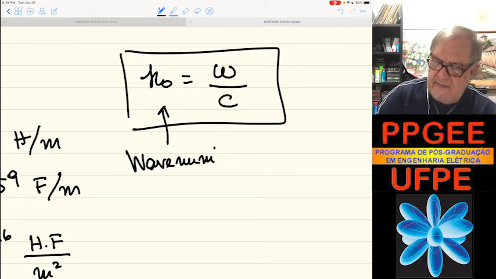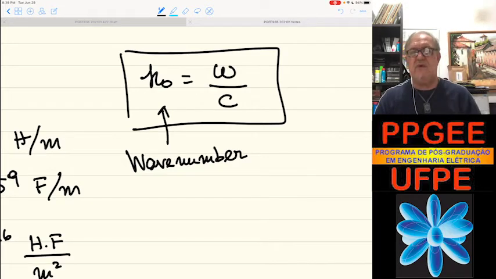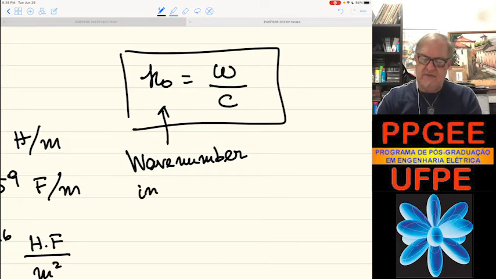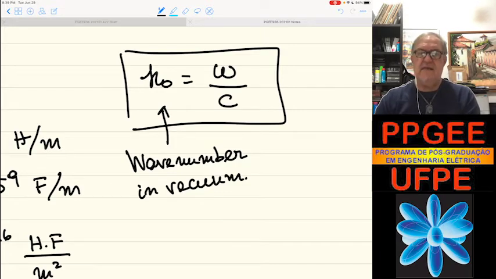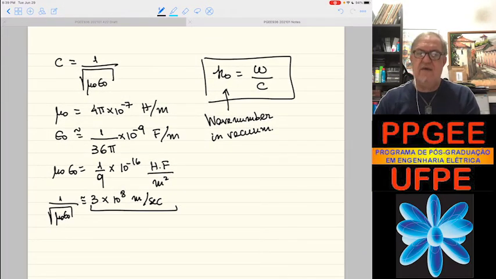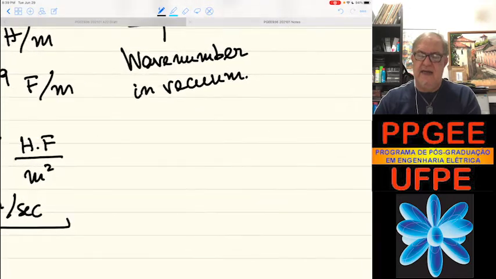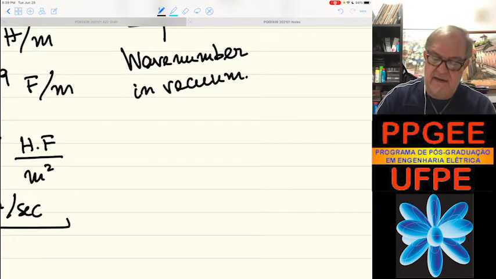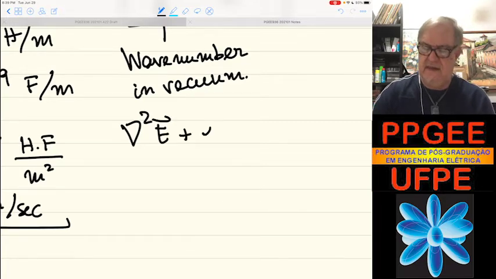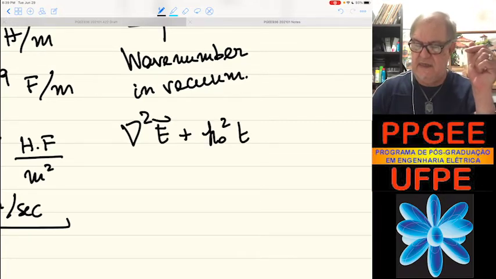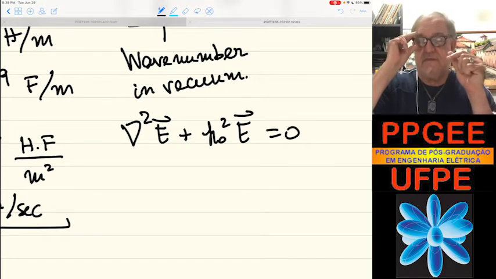Wave number plays a very important role in determining the properties of propagating waves, either in a material medium or in vacuum. So when we define the wave number, we obtain for E an equation of the form Laplacian of E plus k0 squared times E equals 0.